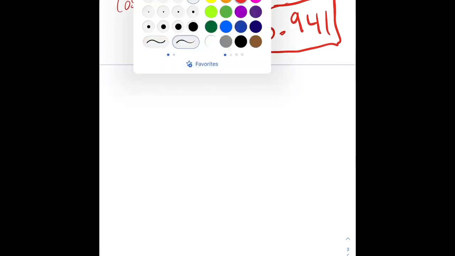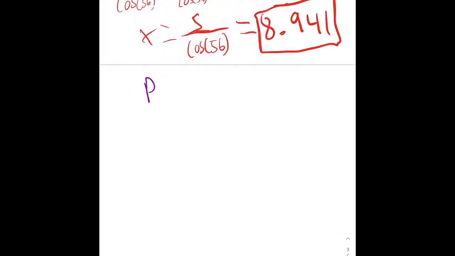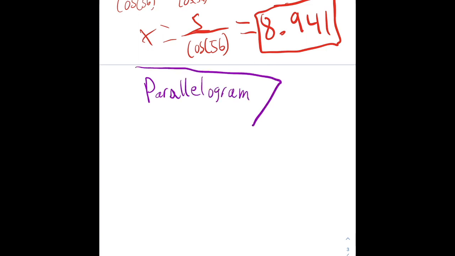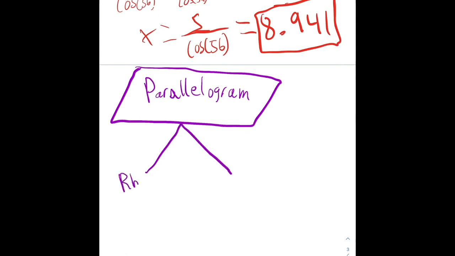Last thing, I just wanted to draw this up for you. If we have our parallelogram right here, underneath that family you can have a rhombus, which has all four sides being the same.